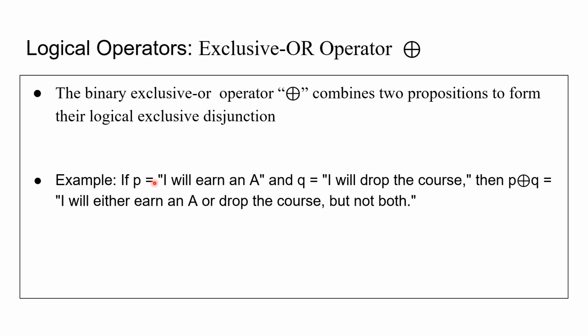If P equals I will earn A and Q equals I will drop the course, then P exclusive OR Q equals I will either earn A or drop the course, but not both. But not both is a key takeaway.